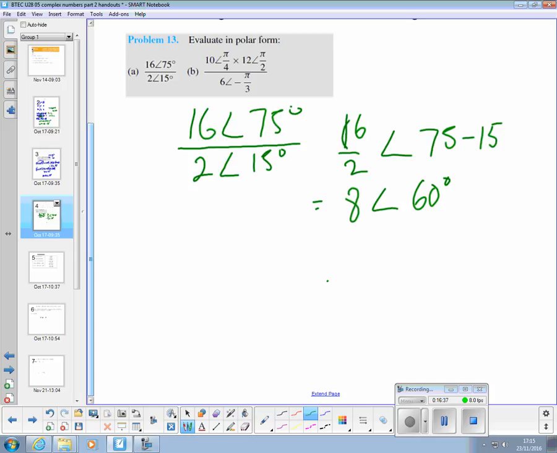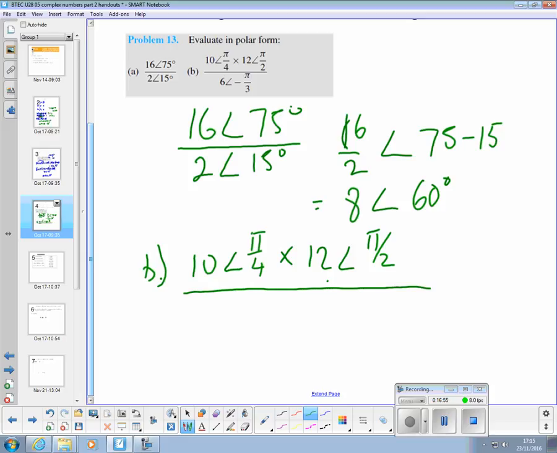Okay? So, question B, how would you tackle that? You've got 10 angle pi over 4 times 12 angle pi over 2, all divided by 6 angle pi over 3, minus pi over 3.